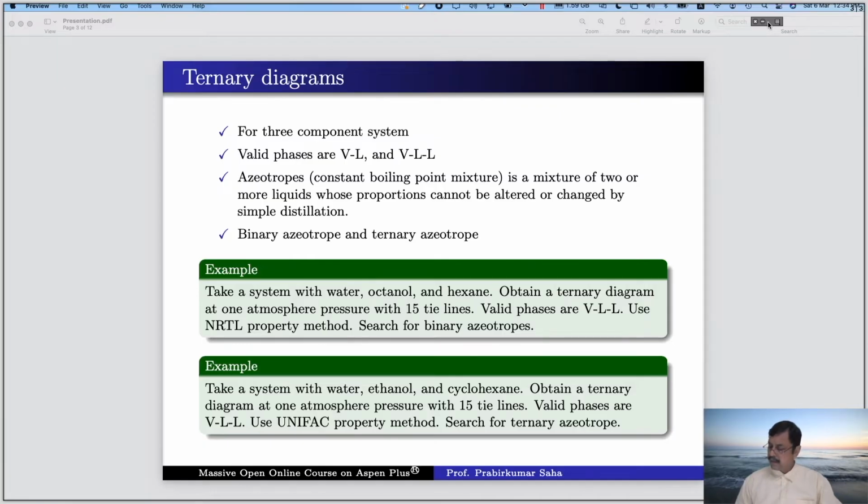As the name suggests, it is of a three component system.